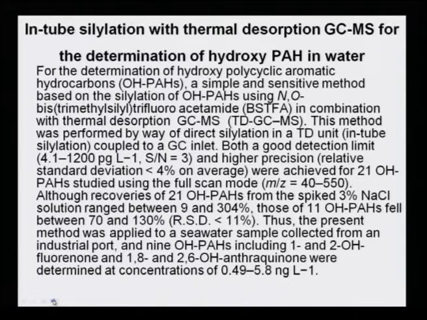Thus, the present method was applied to a seawater sample collected from an industrial port and 9 OH-PAH, including 1 and 2 OH fluorenone and 1,8 and 2,6 hydroxy anthraquinone, were determined at concentrations as low as 0.49 to 5.8 nanogram per liter. So, you can see how precise is this silylation method and how accurately the hydroxy polycyclic aromatic hydrocarbons can be analyzed through this specialized technique of GCMS.